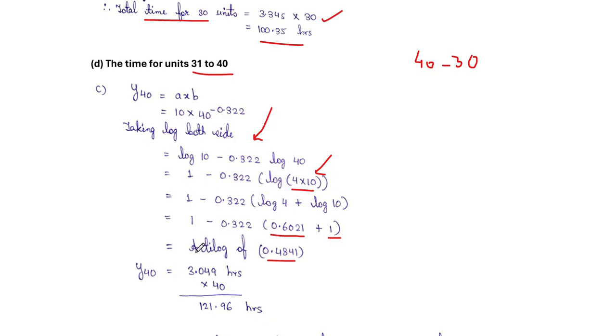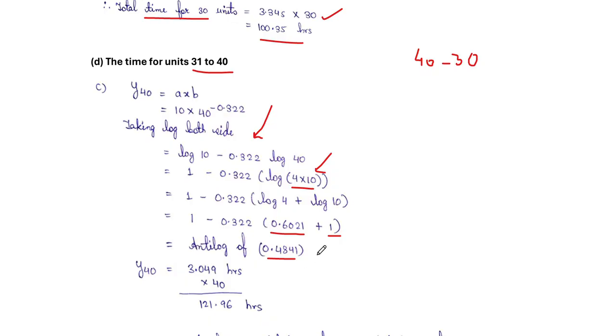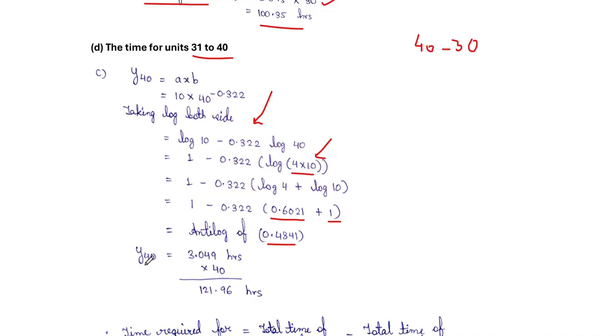Now we will find the antilog of 0.4841. So the average time for Y40 is 3.049. Now we will calculate the total time. To find the total time, we will multiply by 40 units. So the total time for Y40 is 121.96 hours.